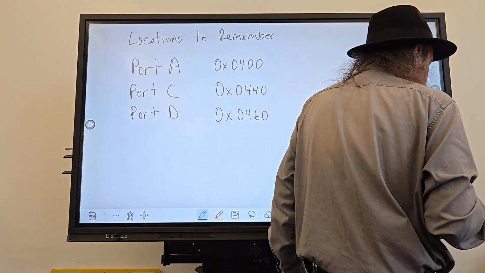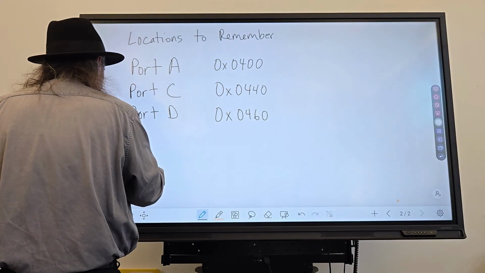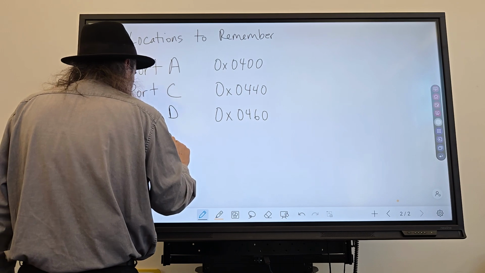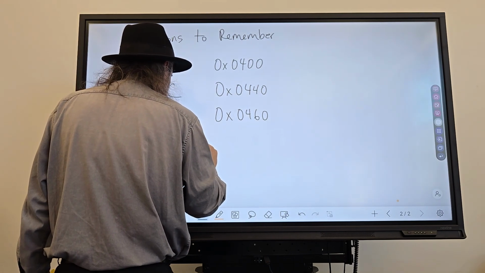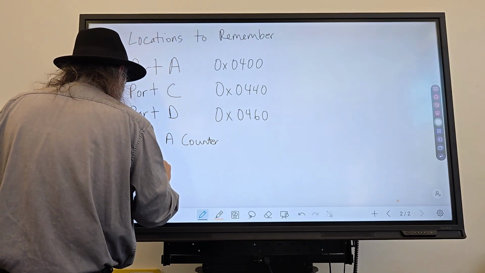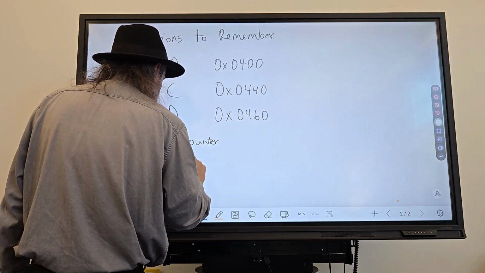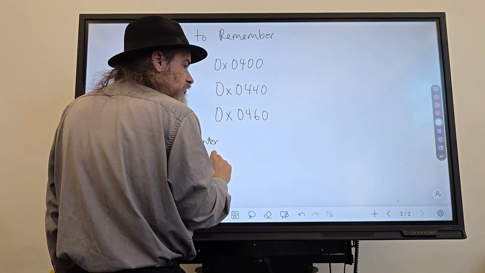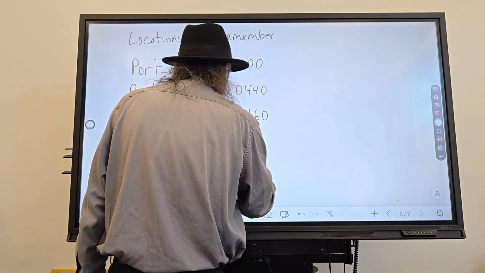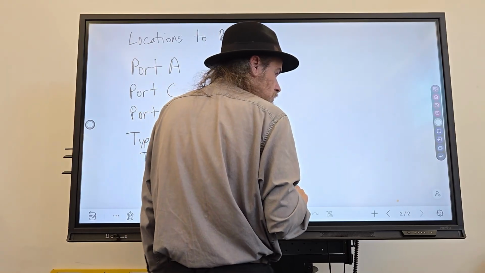The type A counter, which we will be using, type A counter timer 0 I should say, has a base address of 0x0A00.